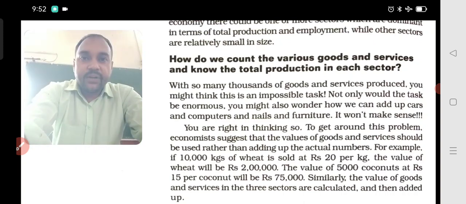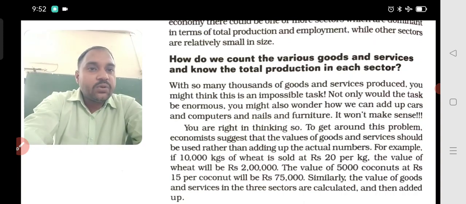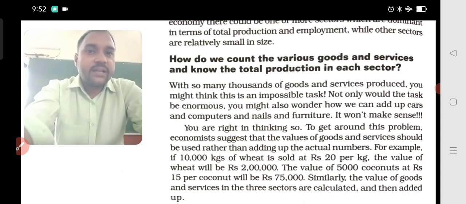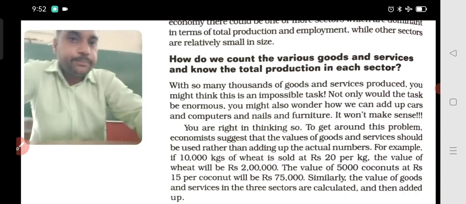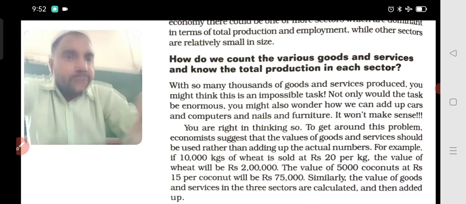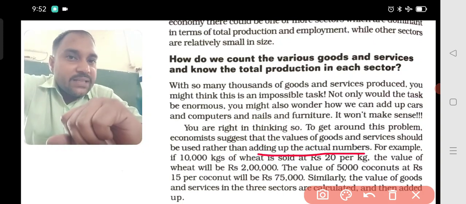But we do it. You are right in thinking so. To get around this problem, economists suggest that the value of goods and services should be used rather than taking up the actual number. Okay, the first simple answer given by the economist is that instead of calculating the actual number of the quantity, what does this mean?